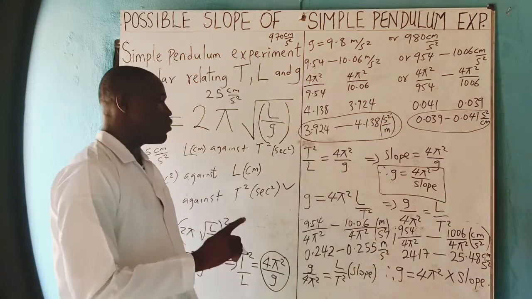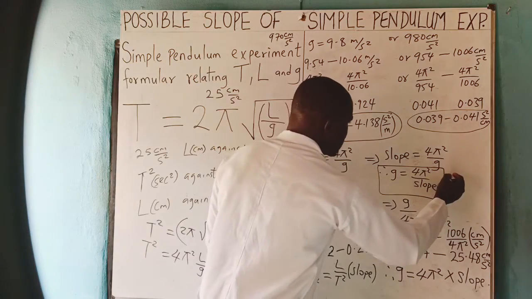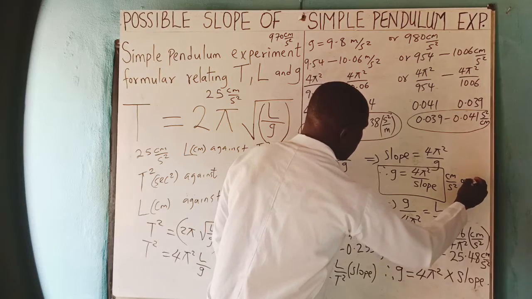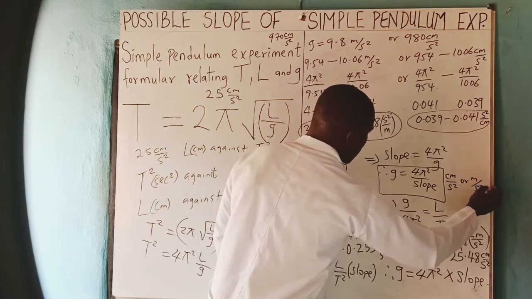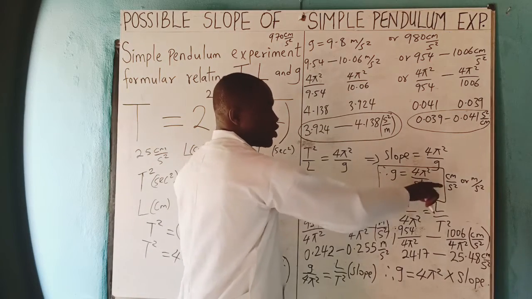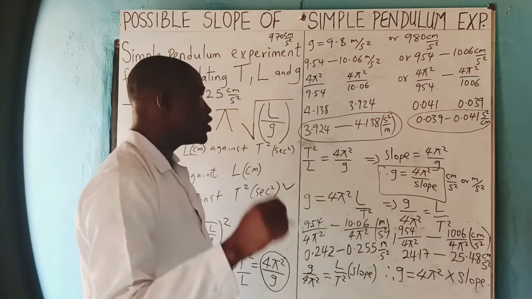In this case, it will be centimeter per second square or meter per second square. That is the value for your G after solving. So it depends on the unit of your length.